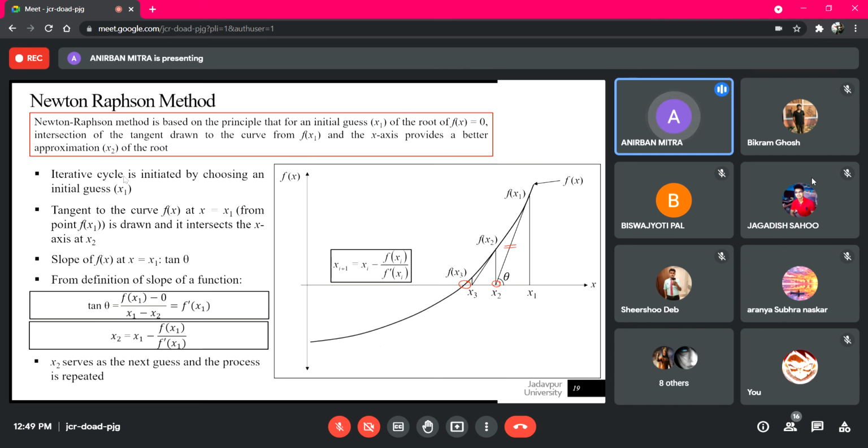If we generalize this formula, then we get this. That is x of i plus 1 is equal to xi minus f of xi divided by f dashed xi. That is just the generalized form of this equation.